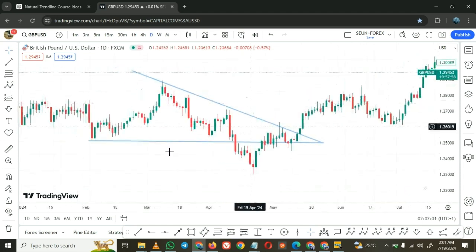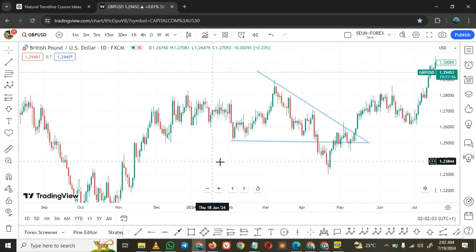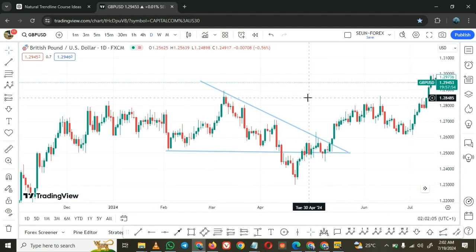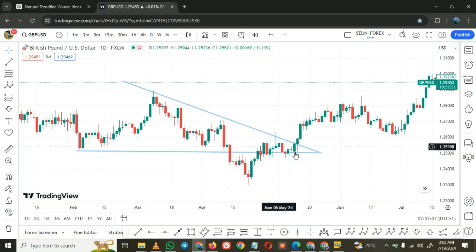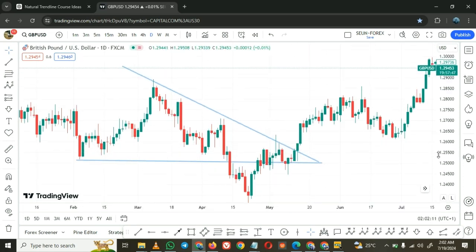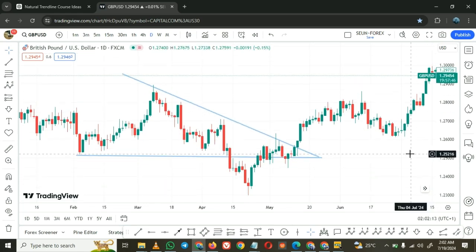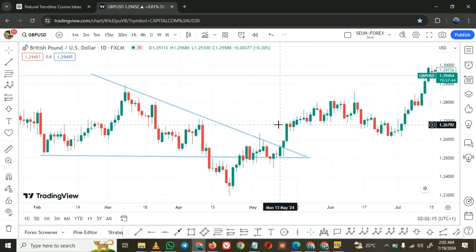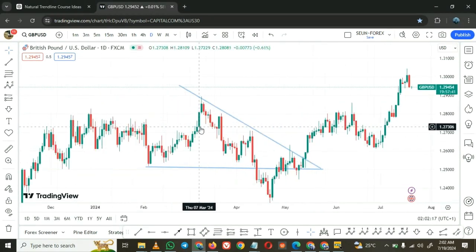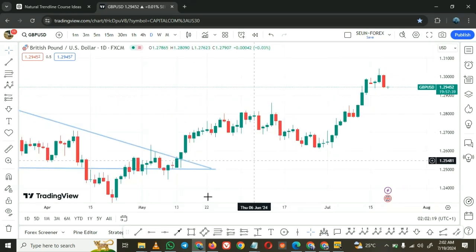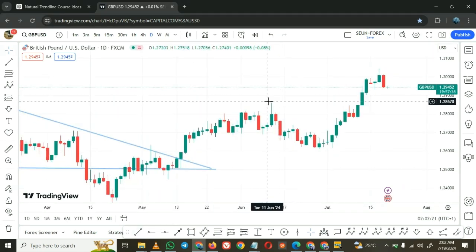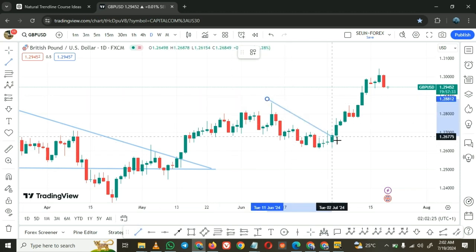We also have another, this is triangle trend line. You can easily see that when triangle forms, market breaks out here and it begins to sell, it begins to buy. Market was buying and buying and buying. So we also have falling wedge.